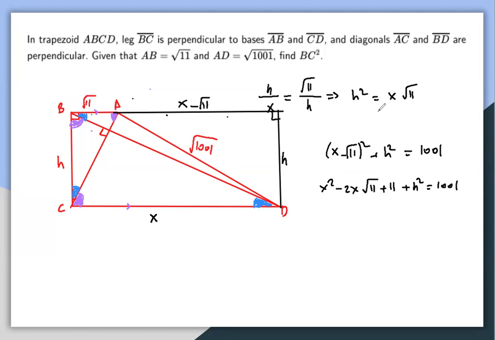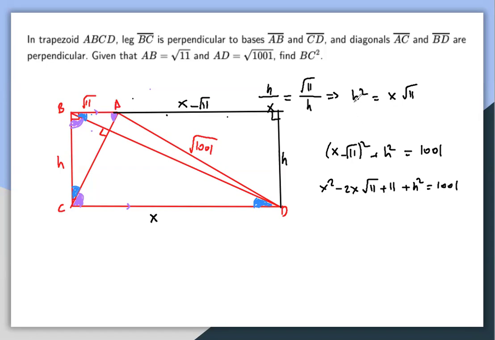We know h is what we are interested in, so we don't want x at all. If possible, we need to remove it. But there is an x squared right here. I can replace x root 11 with h squared, which will make this term negative 2h squared, but still we have x squared, so maybe I should find x first.